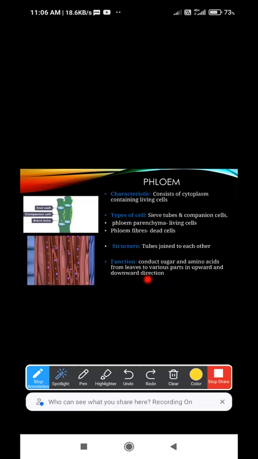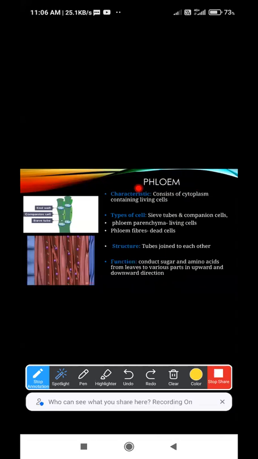So the main function of phloem is to conduct sugar and amino acids from the leaves to the various parts in upward as well as downward direction. I'll repeat it again. Phloem is the permanent tissue containing living cells.